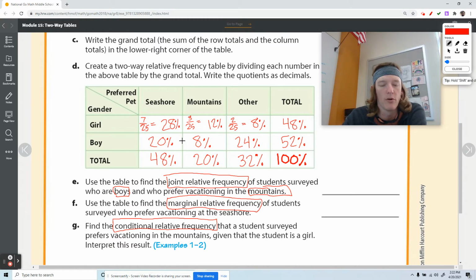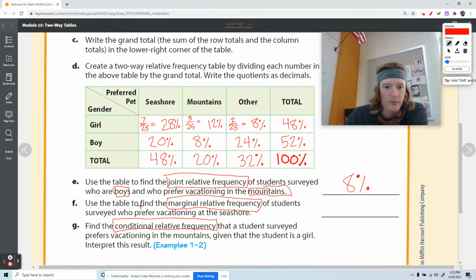So how many boys in the mountains did we have? Well, boys, mountains, we had 8%. And that's it. That's going to be 8% of people that we studied were a boy that chose the mountains. So you just find that specific spot in our table.